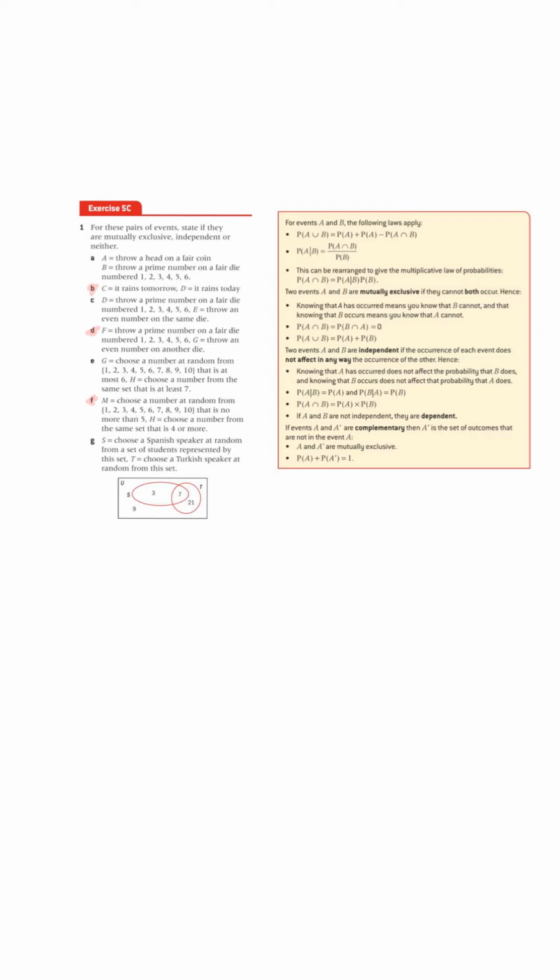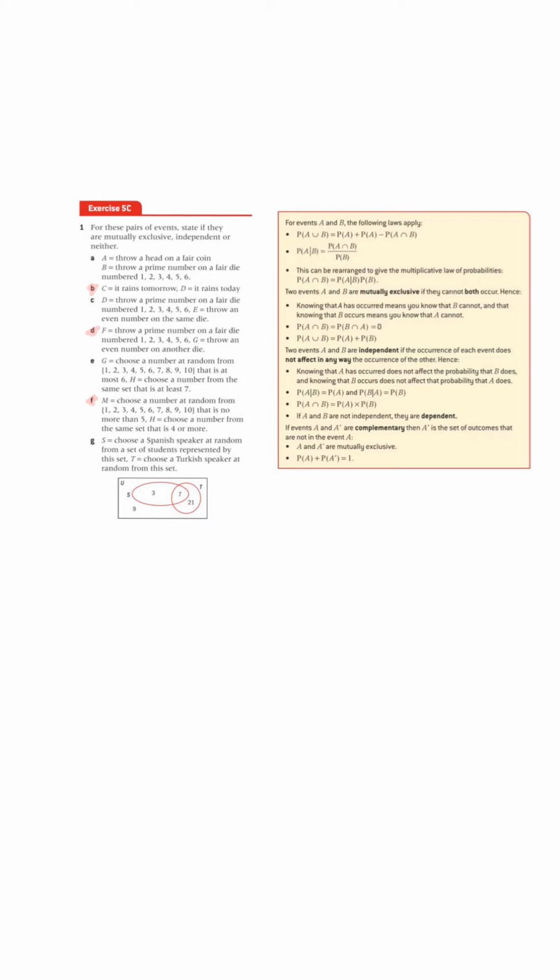Let's have a look at F. Now F says M is you choose a number at random from 1 to 10 that is no more than 5, and H is choose a number from the same set that is 4 or more. Well, choosing a number at random from those 10 numbers that is no more than 5 means it's 1, 2, 3, 4, or 5. So the probability of that is 5 out of 10.